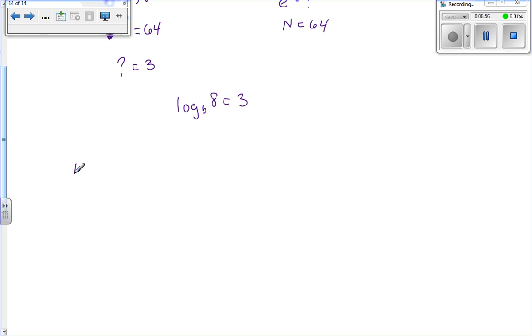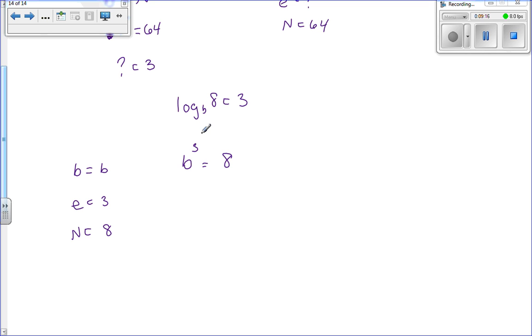Okay, we're going to go exponential again. B is b, e is 3, the log is simply an exponent, and n is the number, which is 8. So b to the third is equal to 8.